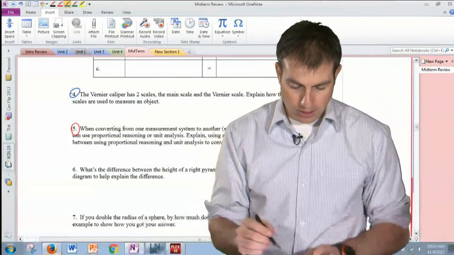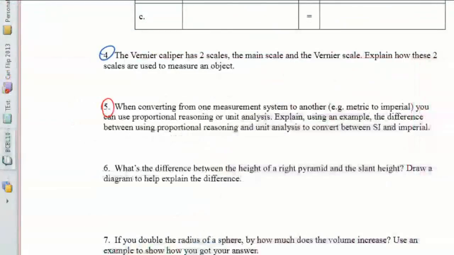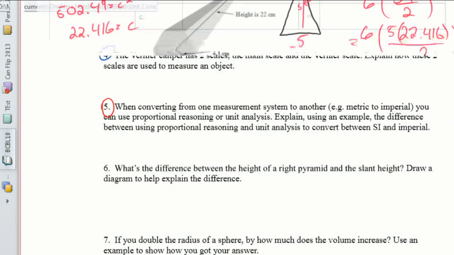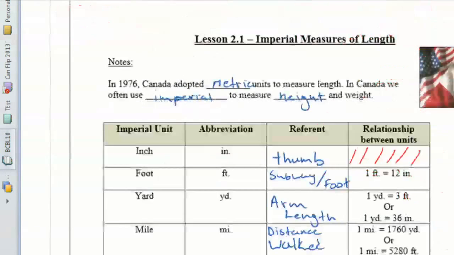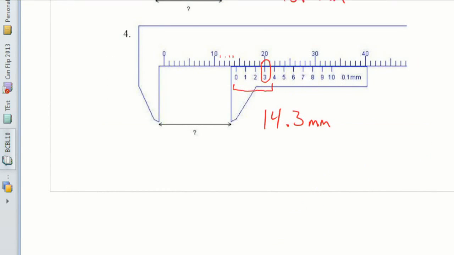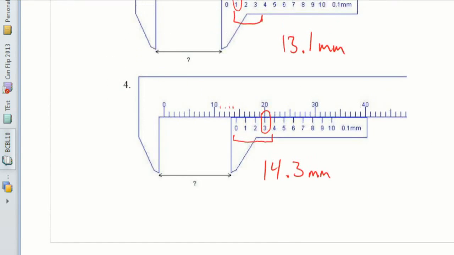Let's get the caliper one out of the way first. So the first unit was, let's see if I can find the caliper questions here. Okay, so here's a question. We'll pretend we haven't done this one yet. It's talking about the vernier caliper, and it says there's 2 scales. So when it's talking about 2 scales, you have this scale here.